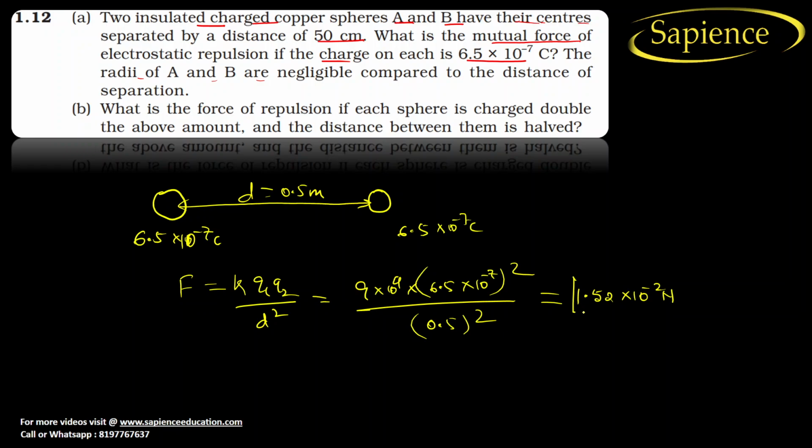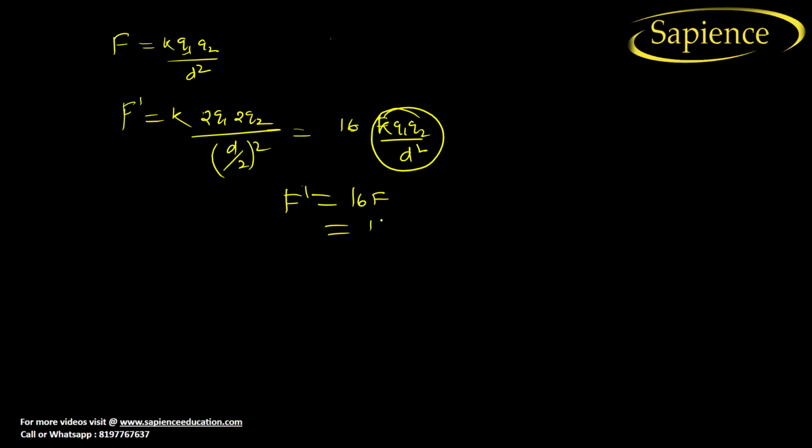The previous one we got is equal to 1.52 into 10 to the power minus 2. So this will be 16 into 1.52 into 10 to the power minus 2. If you multiply it, how much will it come? Let's multiply: 16 into 1.52. This will be approximately 24.32 into 10 to the power minus 2 Newton.